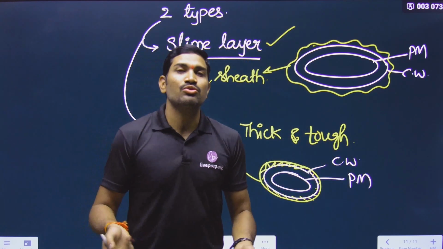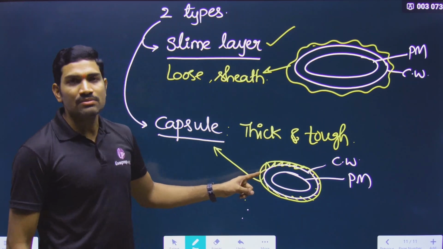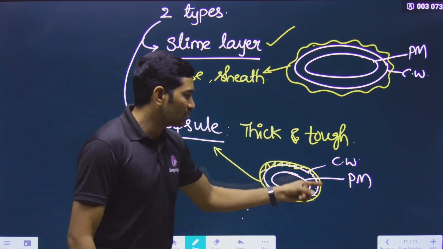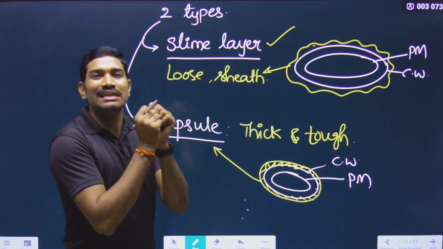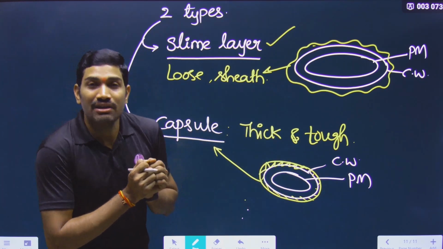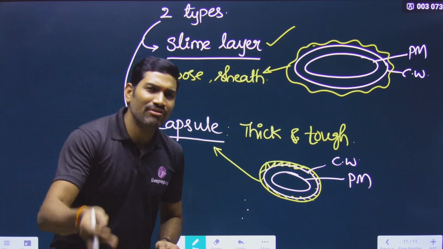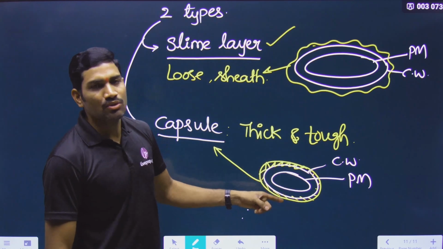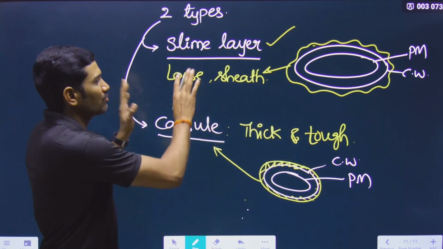So mainly in those cases, the bacterium develops a thick, hard, tough capsule around itself. Because of this, it can withstand, resist, and even survive in extreme, hard, unfavorable conditions. In this way, this tough capsule gives protection for the bacterium. This is the overall function.